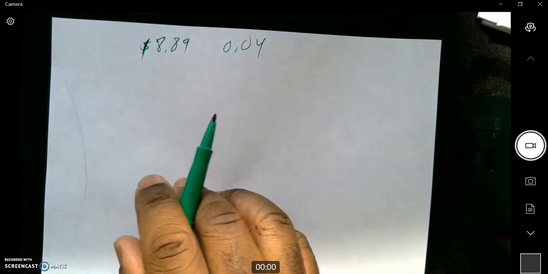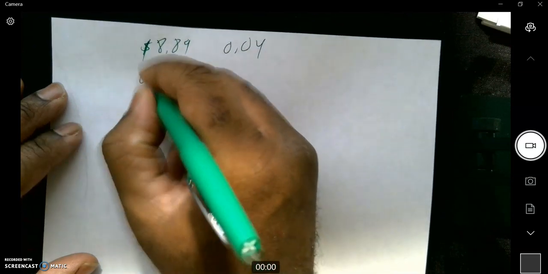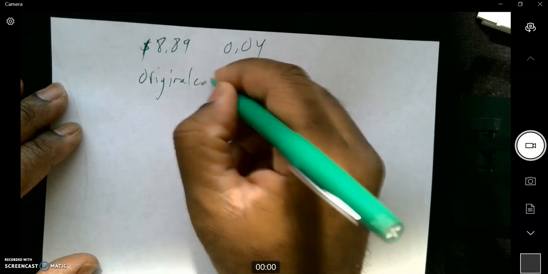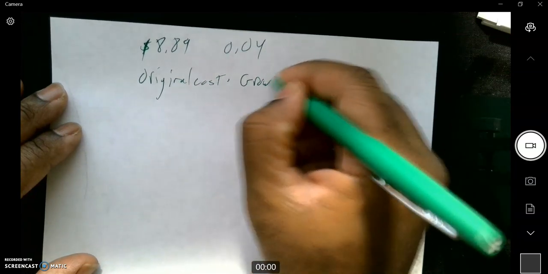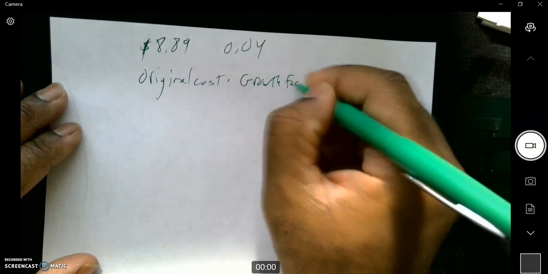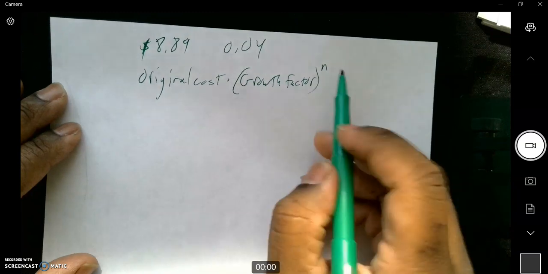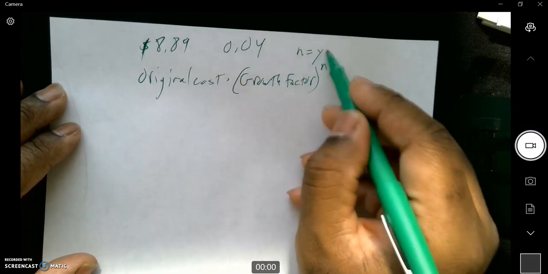So we'll write that as a decimal. So now we will write the formula here. It'll be the original cost multiplied by the growth factor. And that value will be taken to the nth power, which is n is the years.